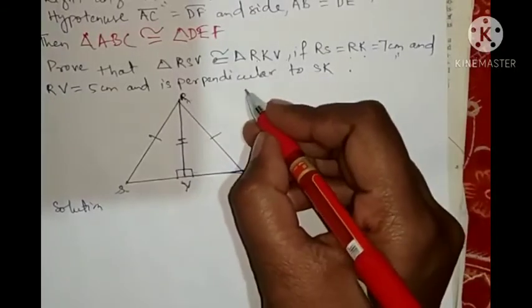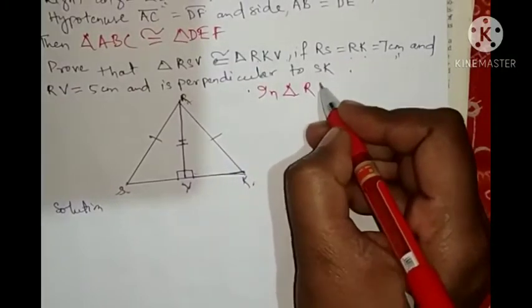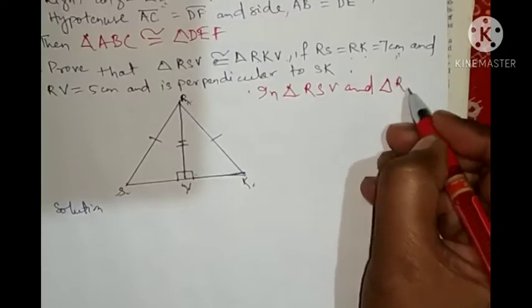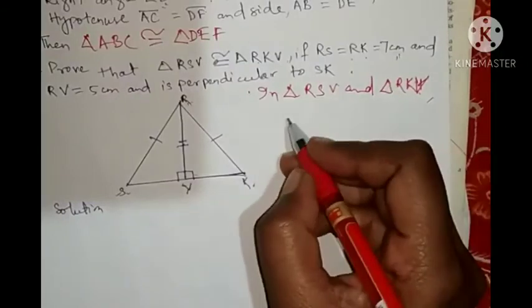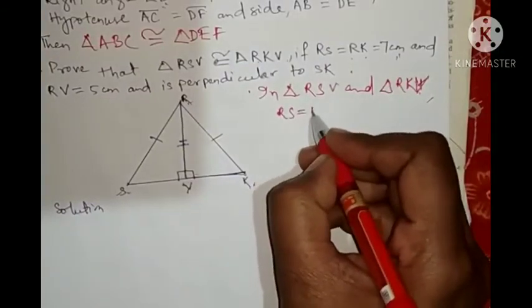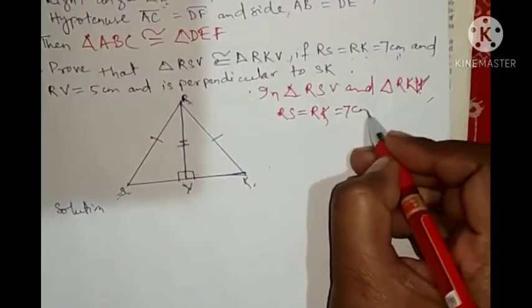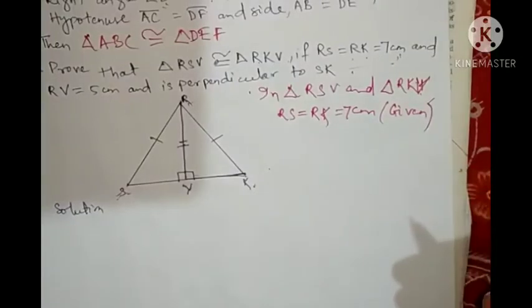So let's find out in triangle RSV and triangle RKV: RS equal to RK equal to how much? 7 cm. It is already given in the question, so you will write in brackets: given.